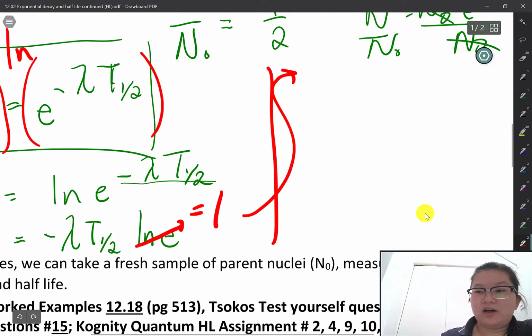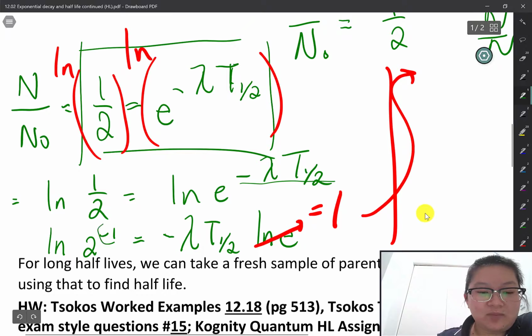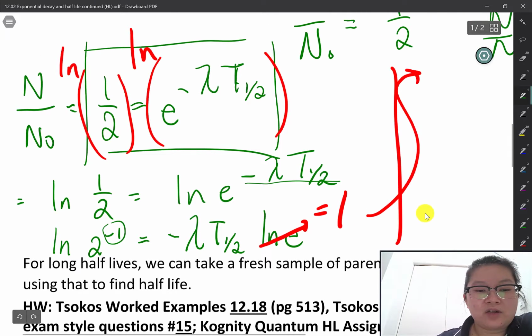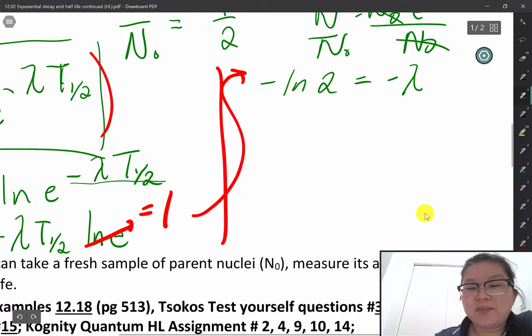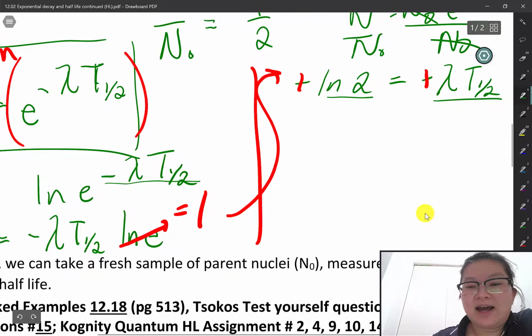On the other side, we drop the negative 1 in front of ln 2, so we get negative ln of 2 equal to negative lambda t half. These two negatives cancel out, and we are left with ln 2 equal to lambda t half.